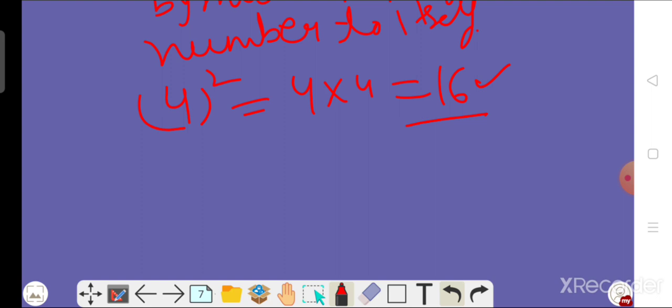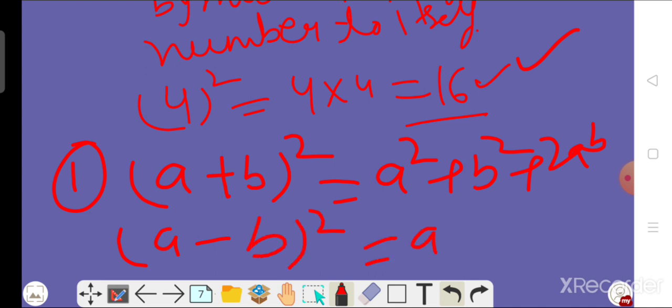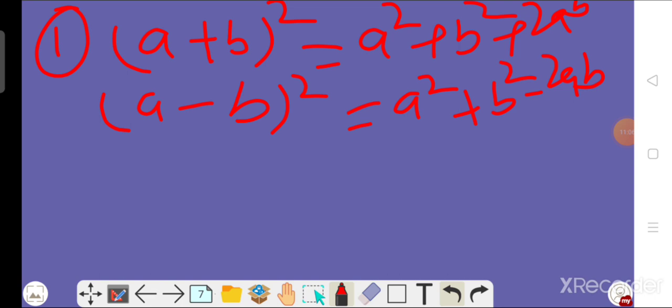Now we will discuss different methods to find the square of a number. In the first method we can use identities like (a plus b) whole square is equal to a square plus b square plus 2ab, or we can use the identity (a minus b) whole square is equal to a square plus b square minus 2ab. Okay. For example, if you have to find the square of 101, what do you have to do?